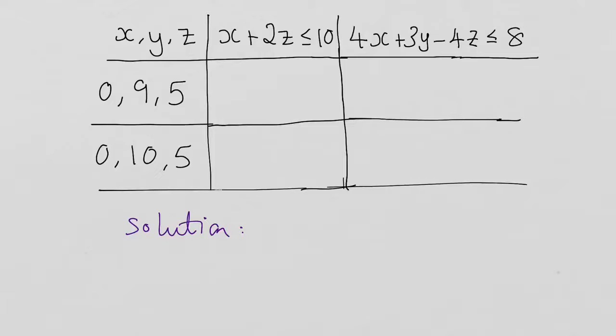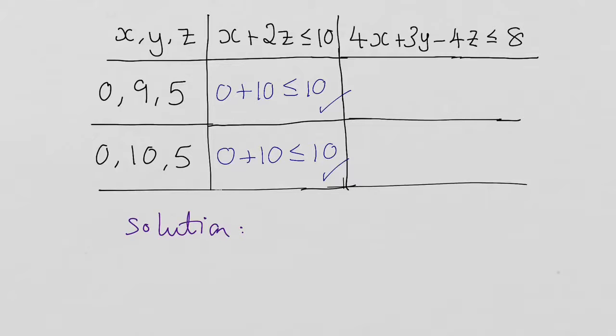But I need to check that they don't fall into the non-feasible region. They might be in the shaded region where it's not possible. So I've taken my 2 constraints and I'm going to check what my values are. So if I put 0, 9 and 5 in, I get 0 plus 10 is less than or equal to 10. That works. If I put 0, 10 and 5 in, that one works as well.